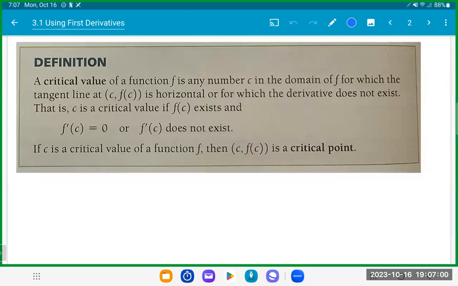Then we could have a critical value. But if the derivative doesn't exist, then we might not have a critical value at that point. Okay. So if C, it could be whatever value that is, is a critical value, then we have to be able to evaluate our function at that value in order for it to be a critical point. Okay.